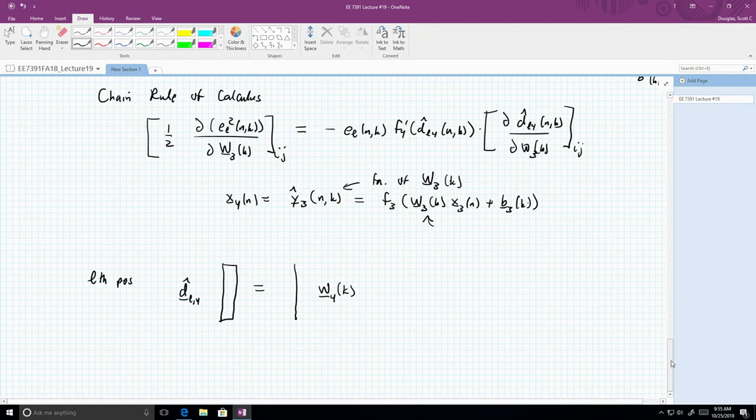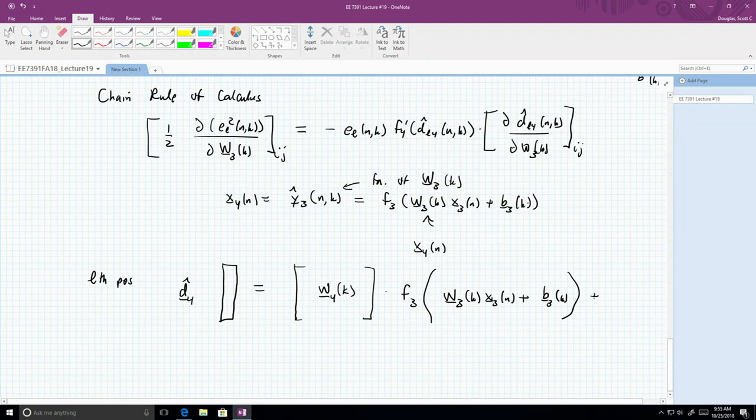So if I look at DL4, I'm going to say D4. I have W4 here. I then have times F3, this is my X4 of N, F3 of W3 of K times X3 of N plus B3 of K. So I'm just substituting that in, right?